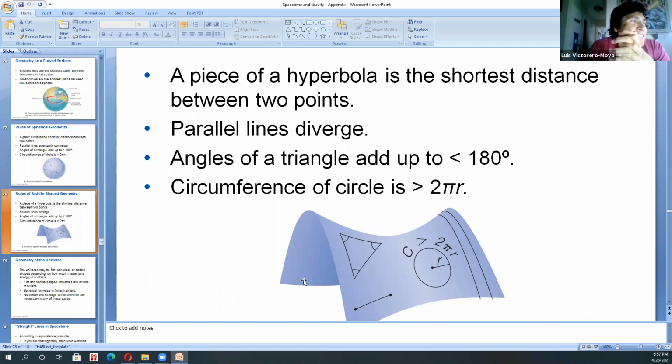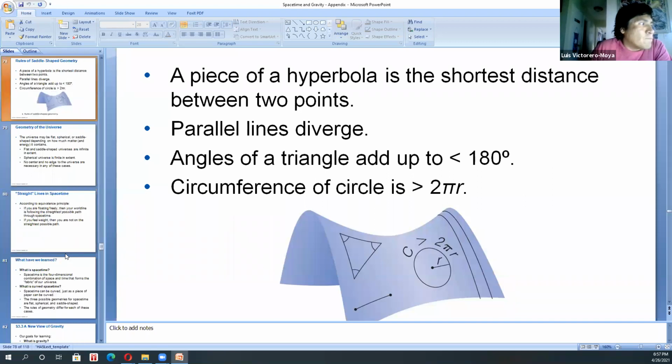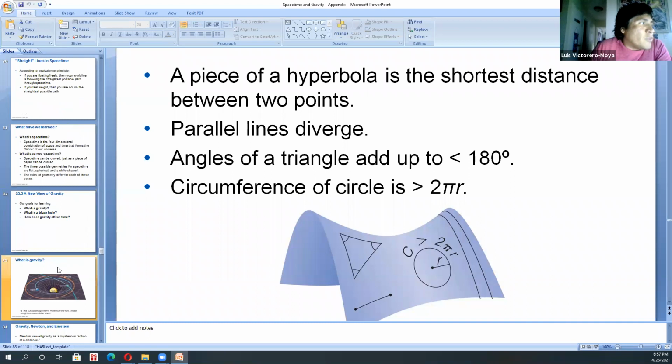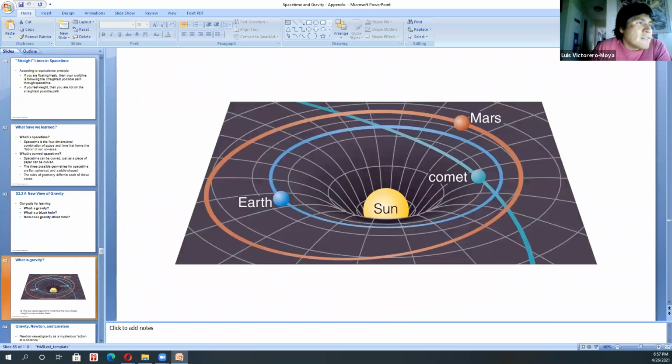Where parallel lines don't converge, but they diverge. Where the shortest distance is actually hyperbola, not a circle, right? So for curved space-time, you can have different geometries, you can have different shapes. And that's what makes general relativity more complicated, because you have to deal with different geometries, all right, that can be caused by what? By gravity.